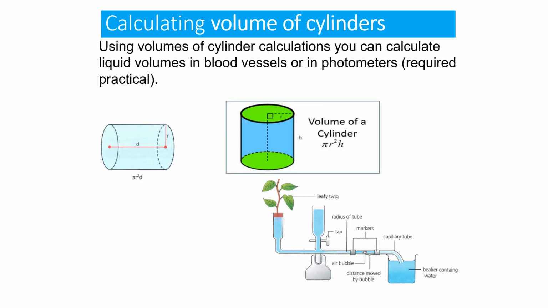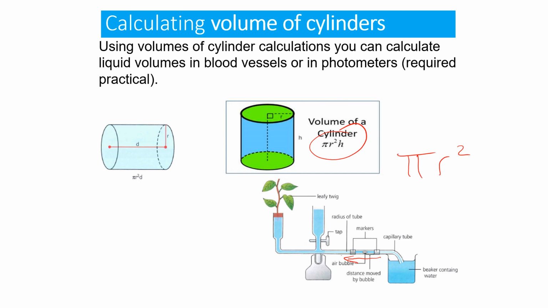Because actually you've just got a distance there. What you could use is the volume of a cylinder to calculate the volume of water going into the plant. So if you use this example down here, the volume of water from wherever it's starting to move. And how you would do that is use this sum here, which is pi r squared times height. In this case, pi, let's say 3.14, times the radius squared.